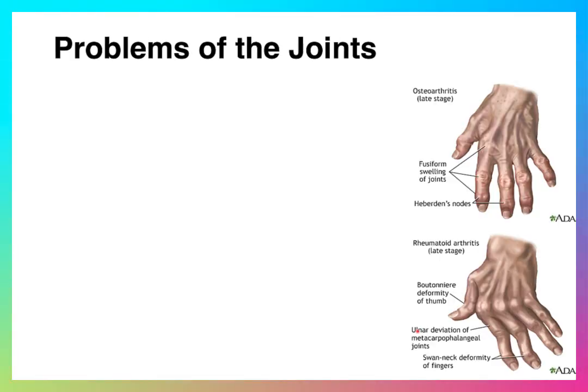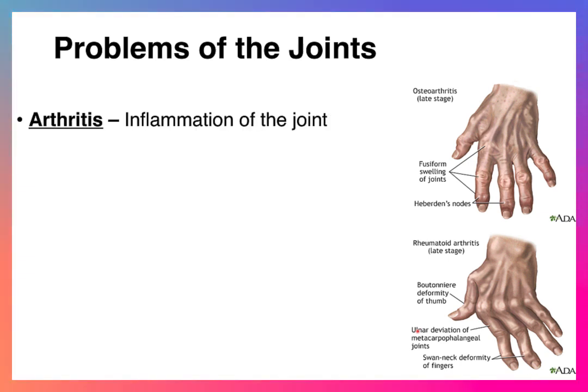Now, with that discussion of the kinds of joints, let's look for a minute at the various problems that can occur with joints. The first of these is arthritis. Arthritis is the inflammation of the joint. Something I want to talk about briefly here is that when you see the ending I-T-I-S on any word, it means inflammation.